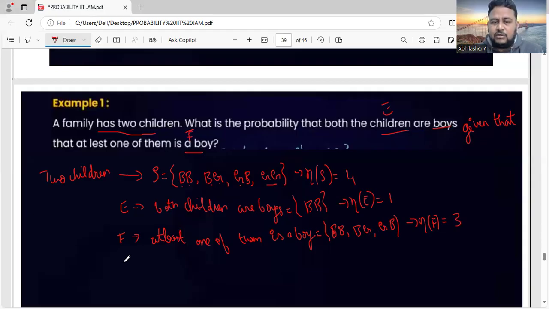Now we have to find the probability that both the children are boys given that at least one of them is a boy.